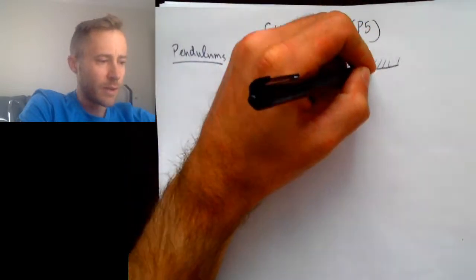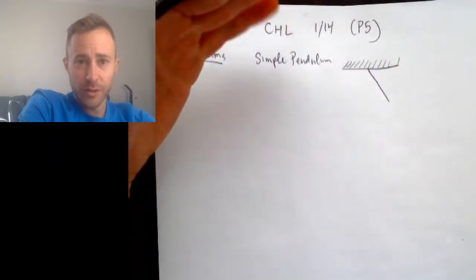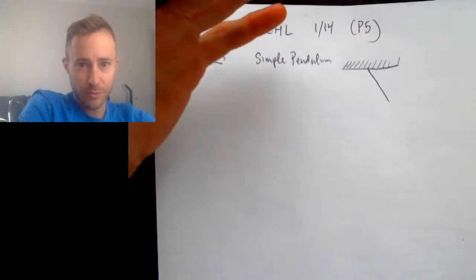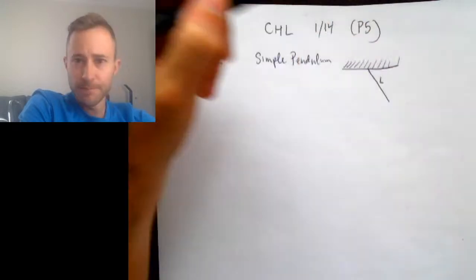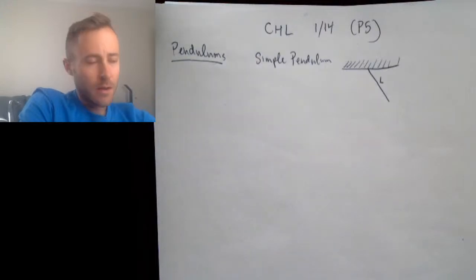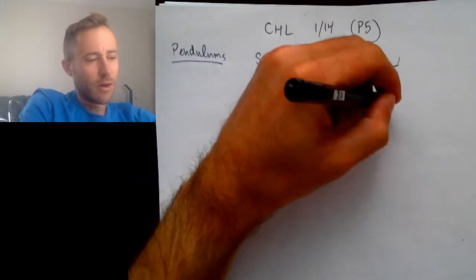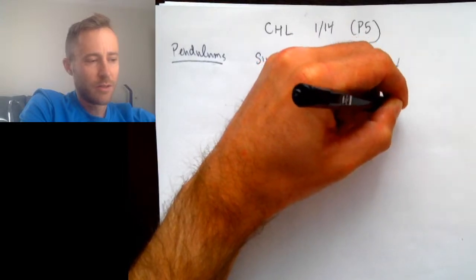You have a string, and the string is considered massless. The string has a length L. And all of the mass is concentrated at the end of the pendulum.